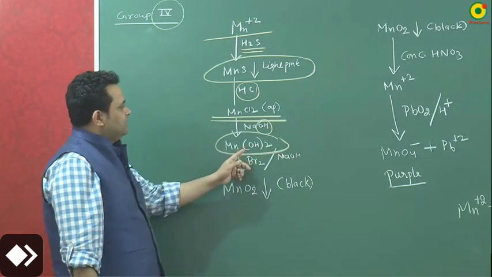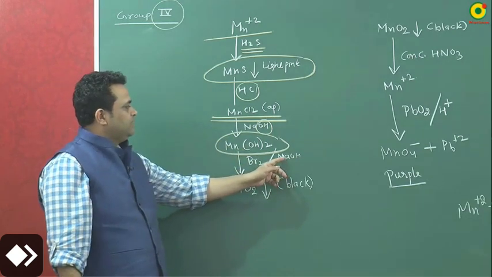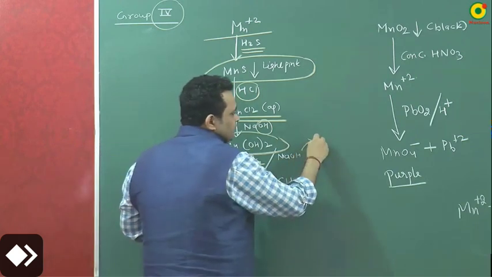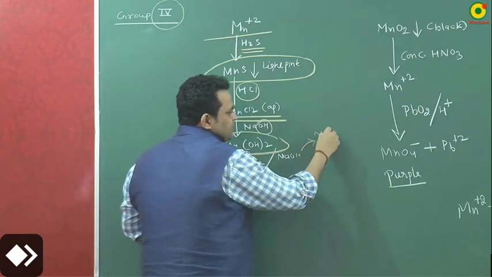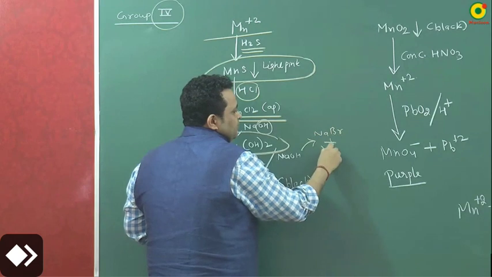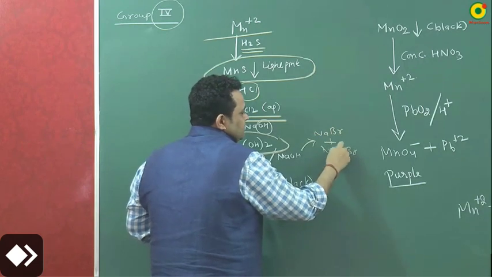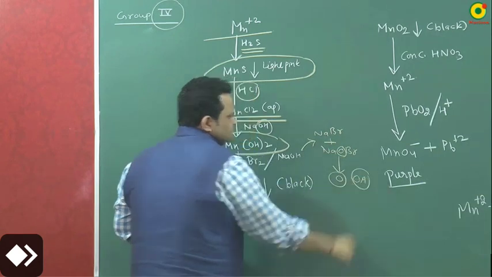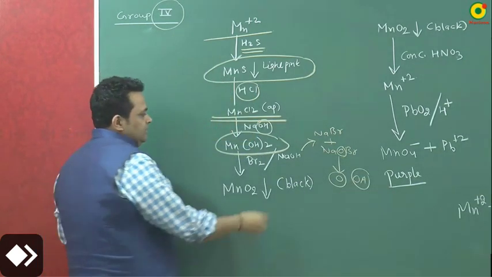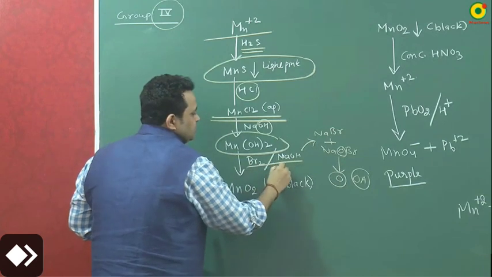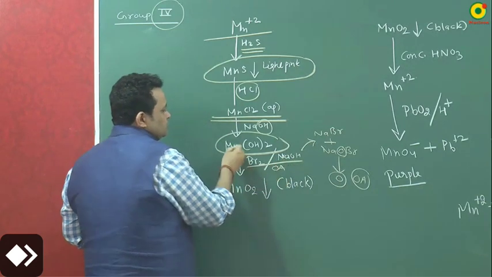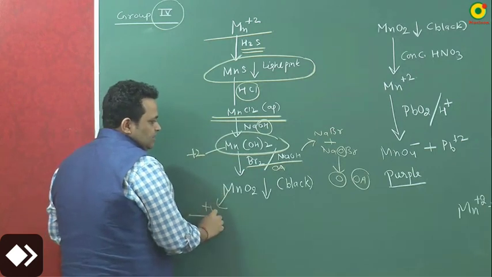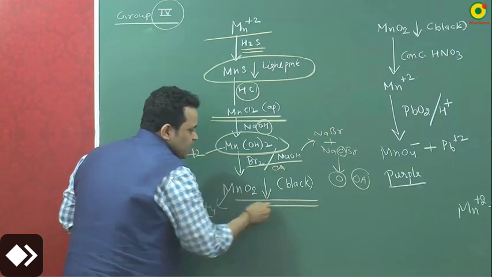If we add Br2 along with NaOH to Mn(OH)2, what will happen? Bromine with NaOH forms NaBr plus NaOBr, and this NaOBr gives oxygen, which is an oxidizing agent. So bromine in NaOH is acting as an oxidizing agent. Mn from the +2 state is oxidized into the +4 state, and the precipitate MnO2 is black in color.